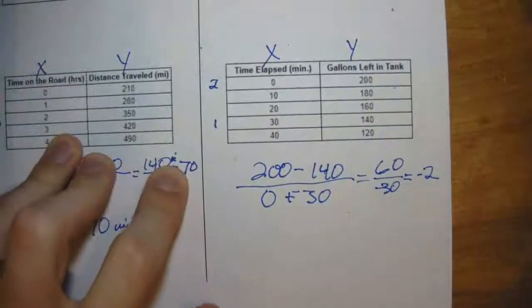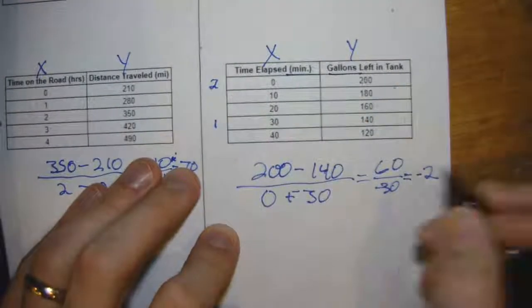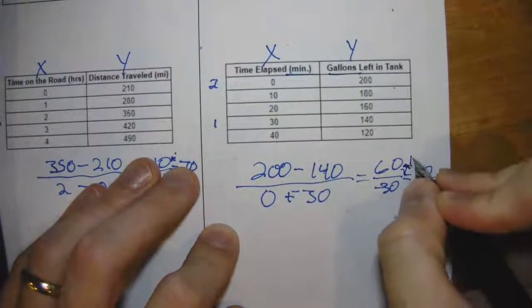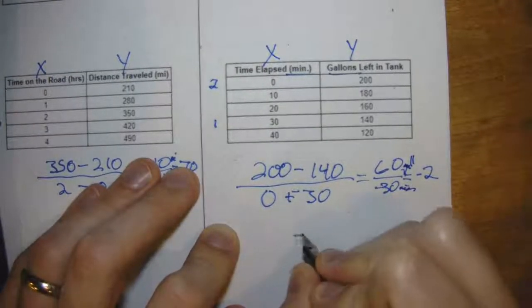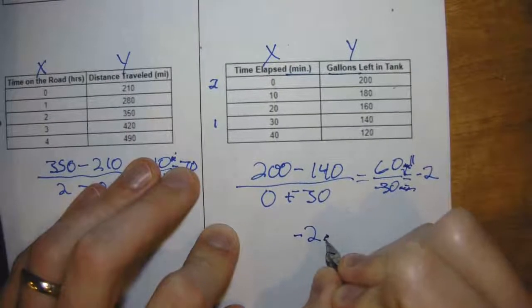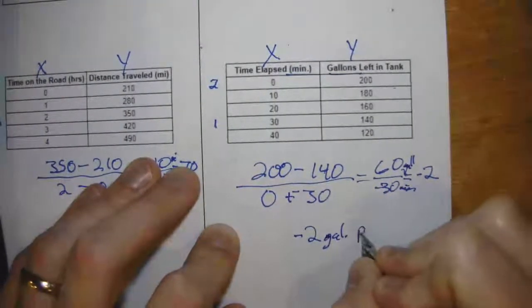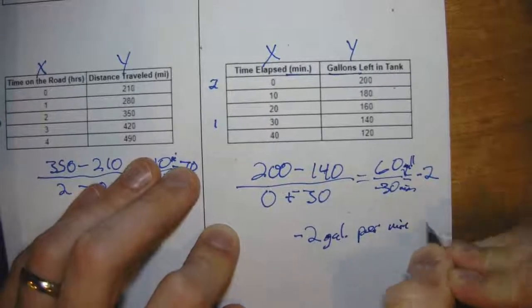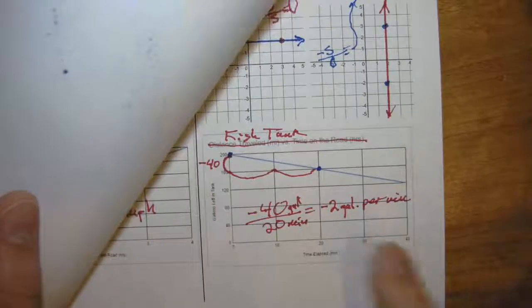So I should get the exact same slope. And remember, we're talking about gallons per minute. Remember, that was 60 gallons for every 30 minutes. So we're going to lose 2 gallons every 1, so per minute. 2 gallons every minute, exact same slope as what we got here.